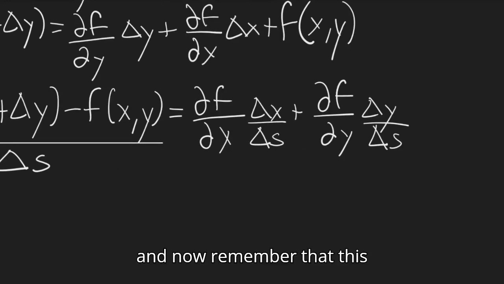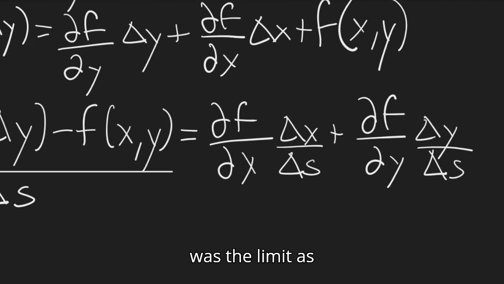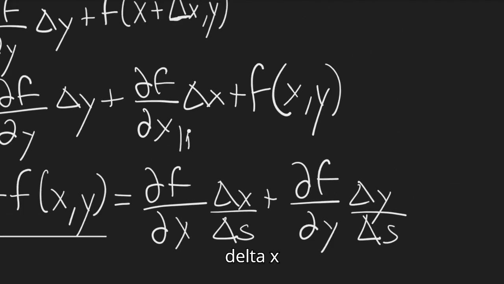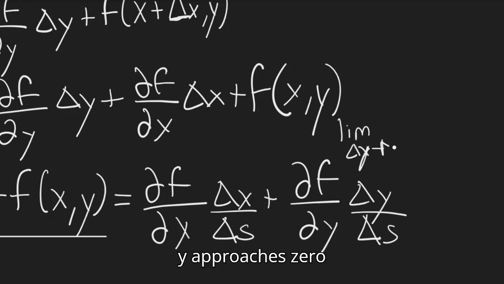And now remember that this was the limit as delta x approached 0, and so is this one, but for delta y approaches 0.